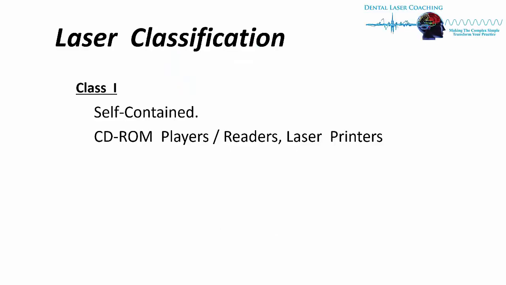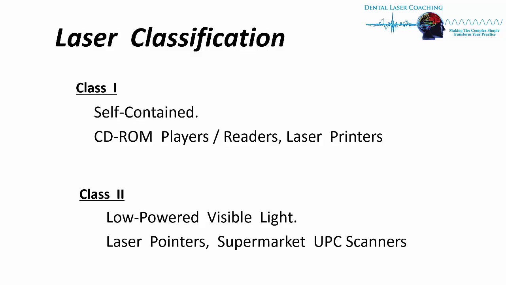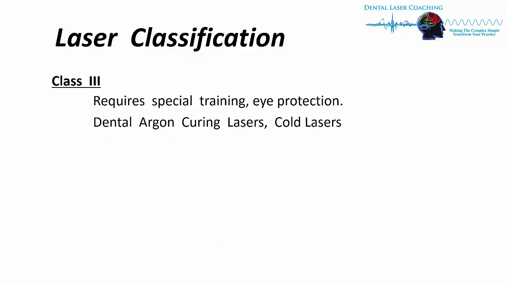There are 4 classifications of lasers. The first, class 1s, are self-contained. You see this every day with your printer. There's a laser in there, but it's contained within the box, if you will, and the laser energy does not get out. The class 2 lasers are, again, low powered, but now we have exposure to that. An example would be a UPC scanner at the supermarket, a laser pointer, etc. The third type is where we have exposure to it and we need eye protection.